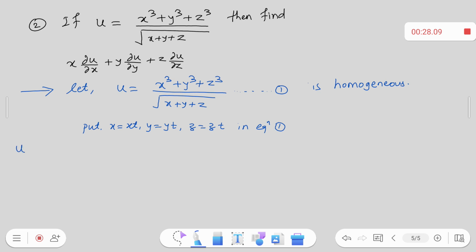So u of xt, yt and zt is xt cube plus yt cube plus zt cube upon root xt plus yt plus zt.